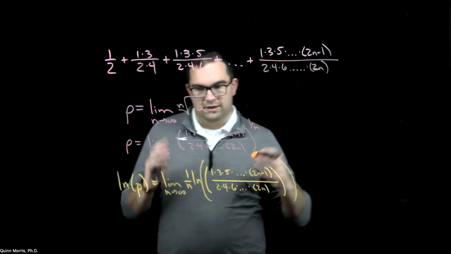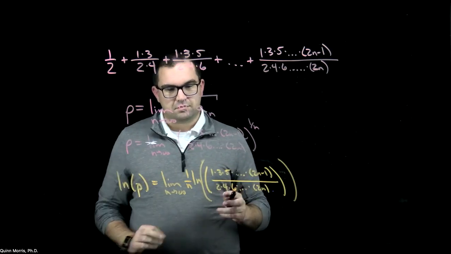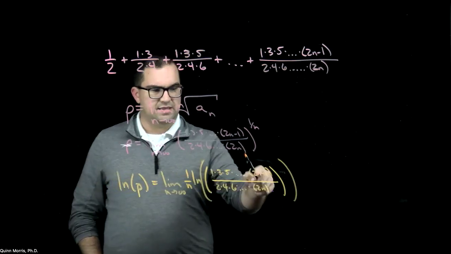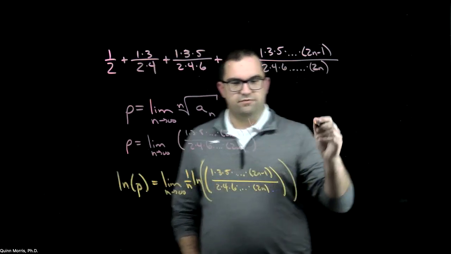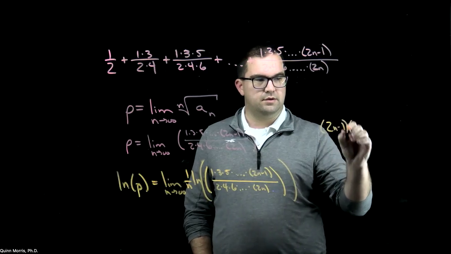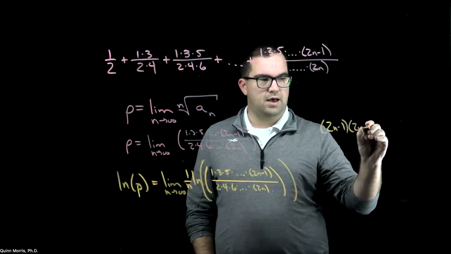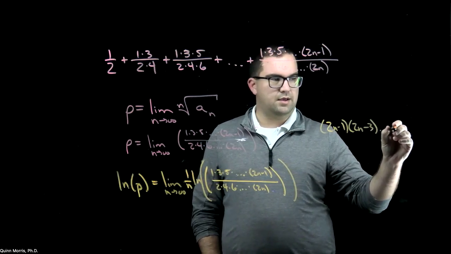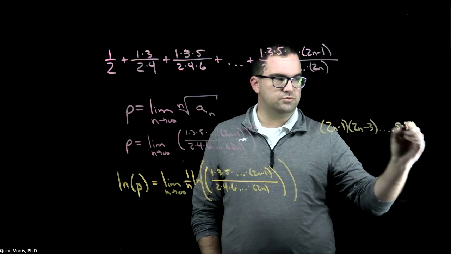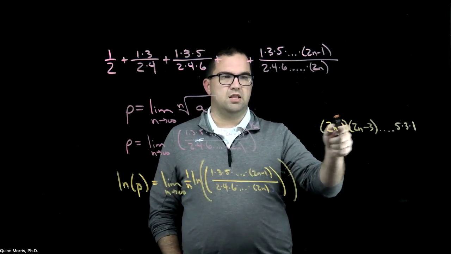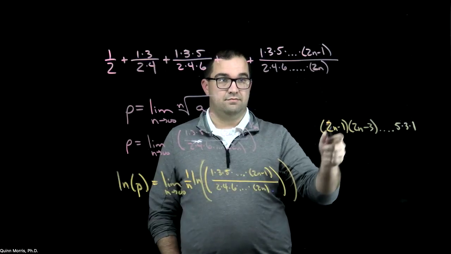Well, I don't want to give away the whole problem. So what you want to do from here is look at this, but almost think about this in descending terms. If I were to just think about this as like 2n minus 1 times 2n minus 3, and then keep doing this until I get times 5 times 3 times 1, I might notice that this is going to be some sort of polynomial in n, right?